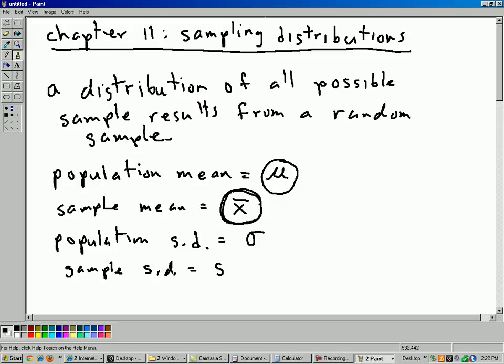And so how good can the estimates get, and can we come up with ways to measure how reliable a particular sample mean is? That's what Chapter 11, Sampling Distributions, is all about.